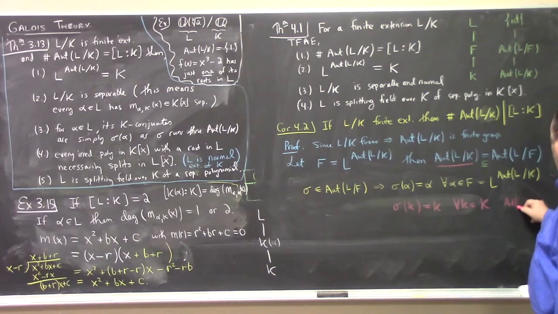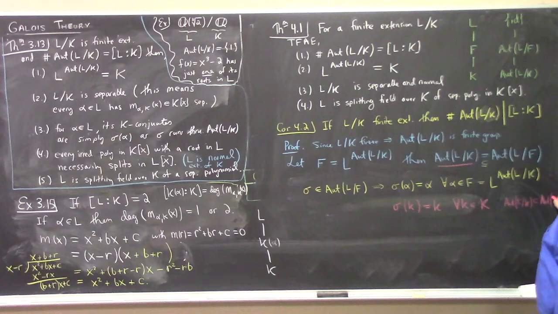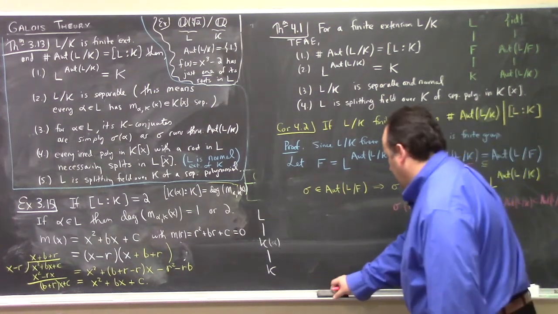Hence Aut of L over K is contained in Aut of L over F. Unless I just said, I think we've already proved this, never mind. Yeah, we already showed this. Oh okay, sorry. It's okay.